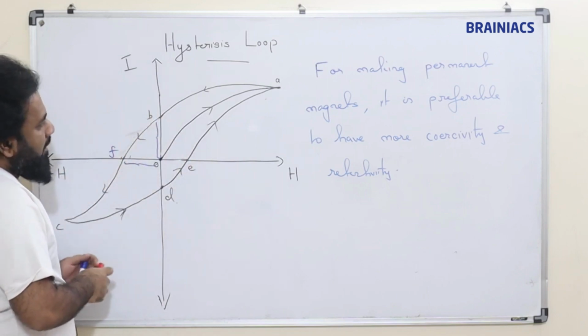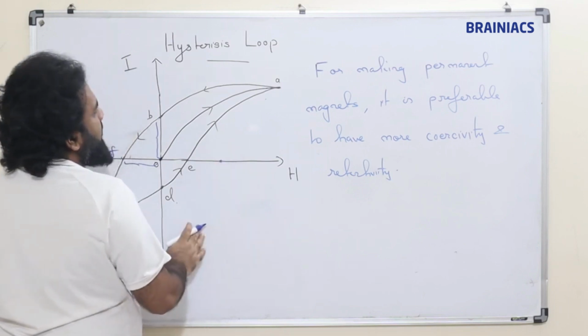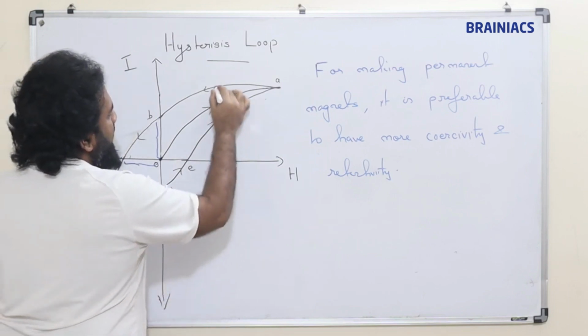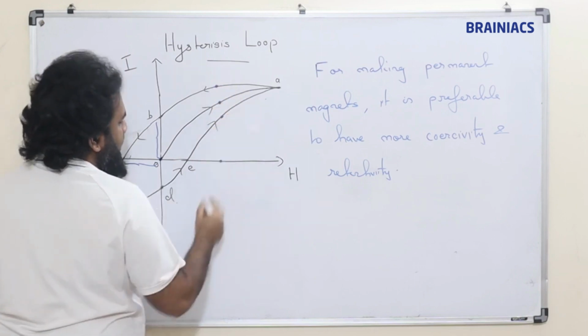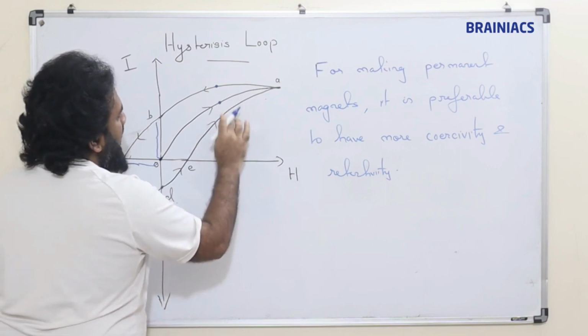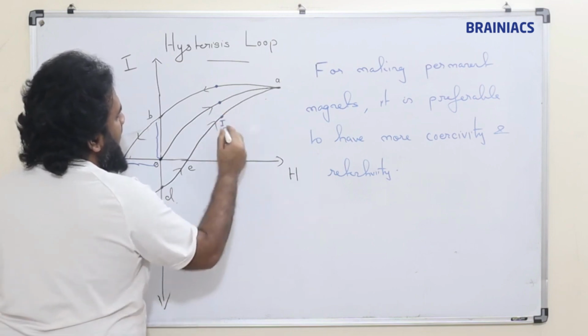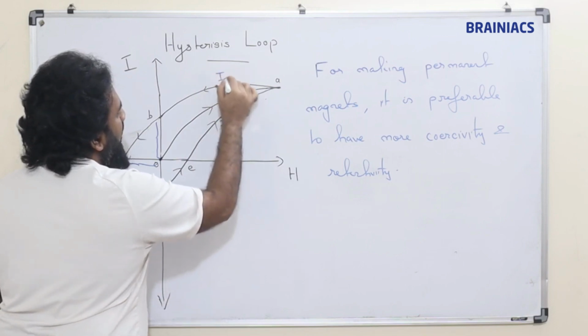Clear? Now you can see here, for same value of H, I have three values of I. So this is H, we have I. Okay, so for same value of H we have I1, I2 and I3.